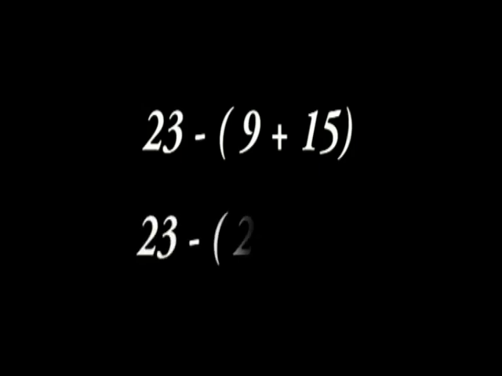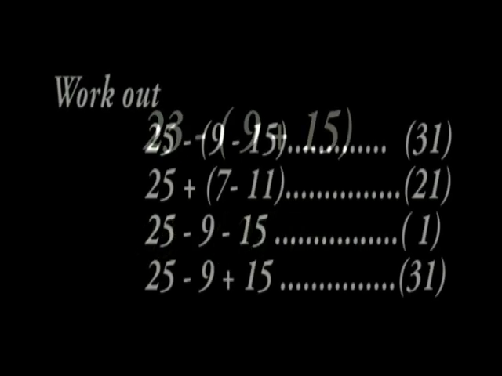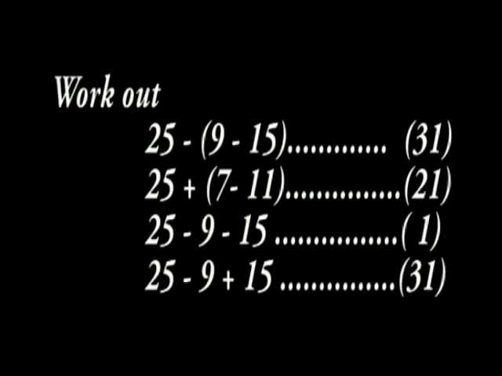For example, 23 minus into bracket 9 plus 15 means you add 9 and 15, then subtract your answer from 23, which will give you 23 minus 24, and the answer is minus 1. Work out the following and see if you get the answers provided.